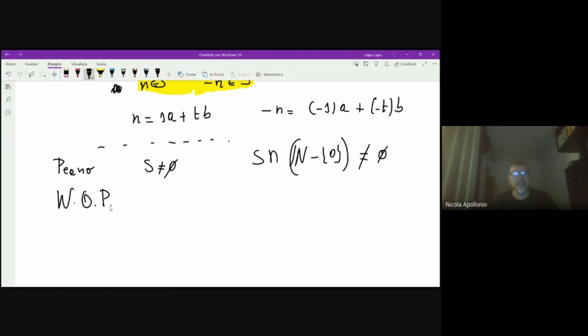You can totally order the set of natural numbers: 0 is the smallest, 1 is the second smallest, 2 is the next, and so on and so forth.